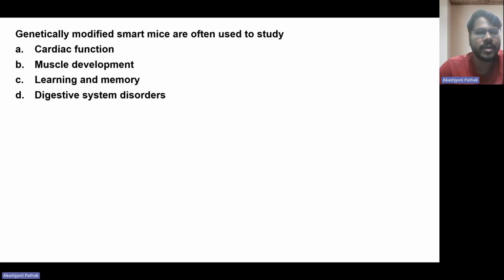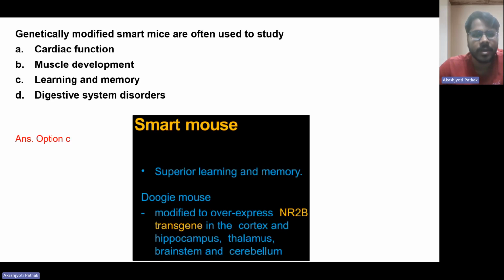So for these types of studies, there are genetically modified smart mice. They are modified in a way that they can learn and have memory, so they have superior learning and memory. One of these is the Doogie mouse, which is modified to overexpress the transgene NR2B in the cortex, hippocampus, thalamus, brainstem, and cerebellum.